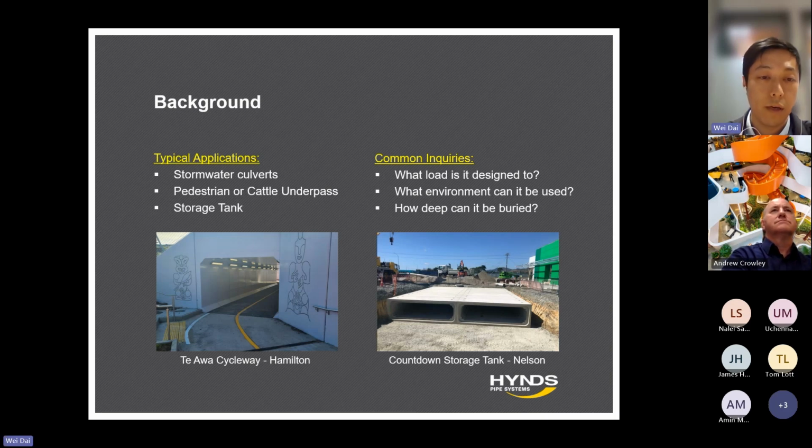So on the screen, on the left-hand side, you see a cycleway underpass made of box culvert located in Hamilton. And on the right-hand side, you can see a storage tank located in Nelson made of box culvert units.